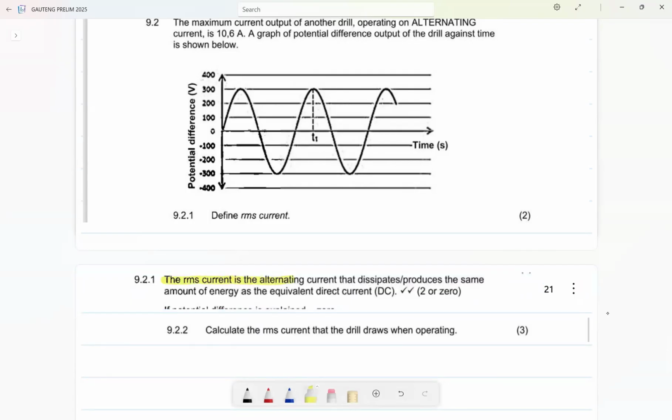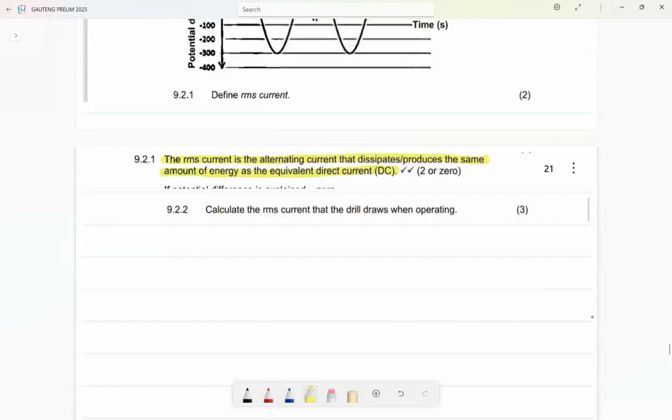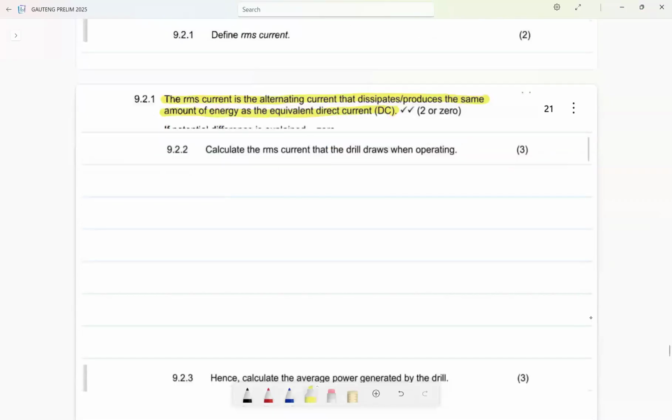The RMS current is the alternating current that dissipates or produces the same amount of energy as an equivalent DC, direct current. Calculate the RMS current that the drill draws when operating.